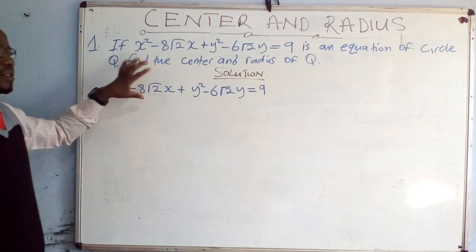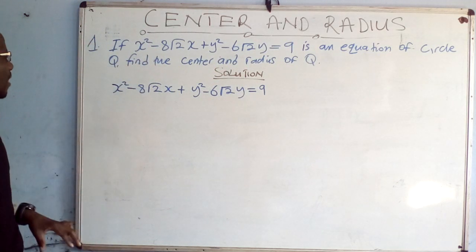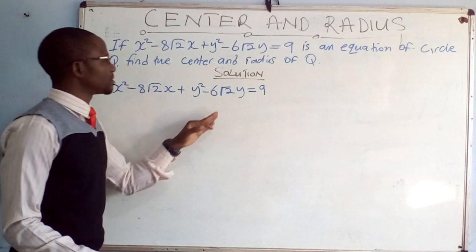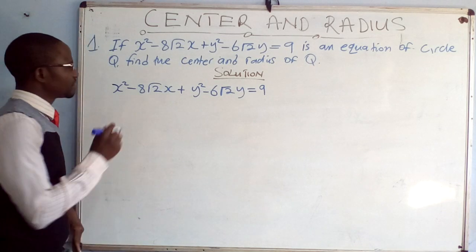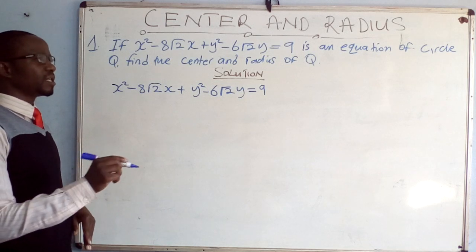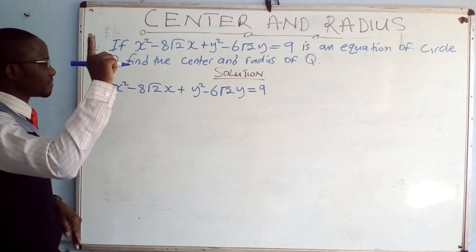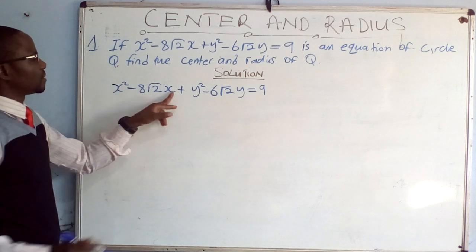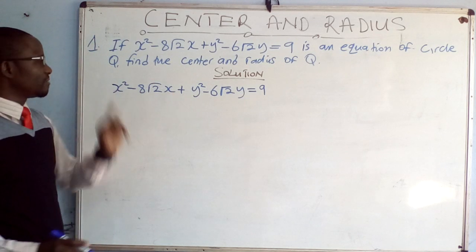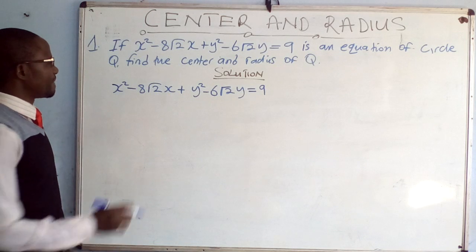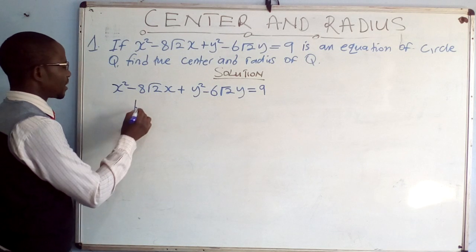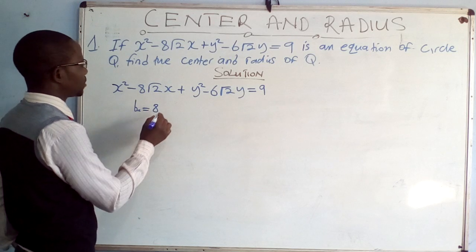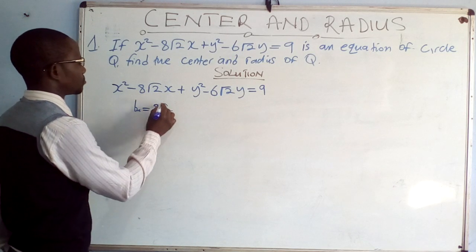The next stage is to identify b in terms of x and b in terms of y. B in terms of x is going to be the coefficient of x to the power 1. This is x to the power 2, so we are not interested in that. This is x to the power 1. We are very much interested in this one, meaning that our b in terms of x is going to be equal to 8 root 2.